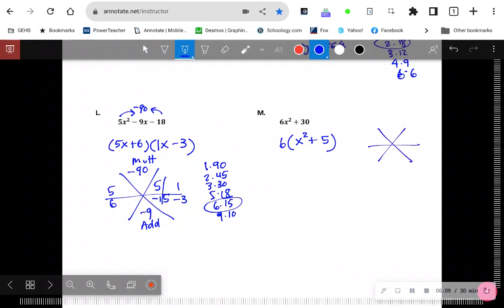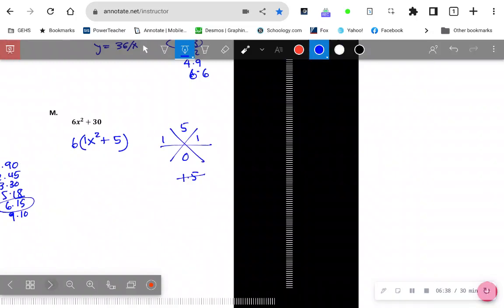You got a 1 here, and 1 times 5 is 5. There is no middle term, so you put a 0 there. And numbers that multiply to give 5, there's only one pair. You're not going to get those to add up to 0, so that star method doesn't work, and that's an indication that the only factoring on this one is that 6 that you already got out.